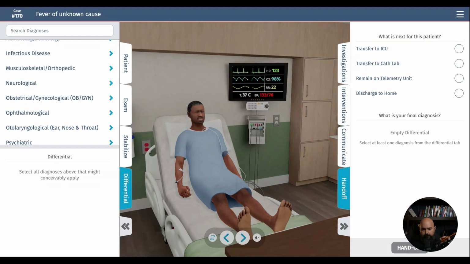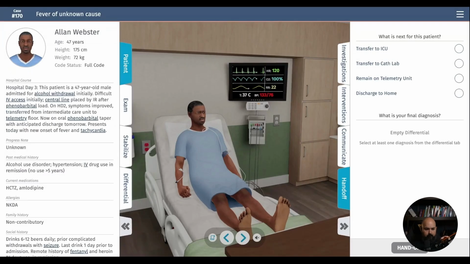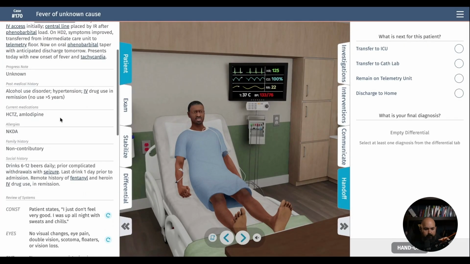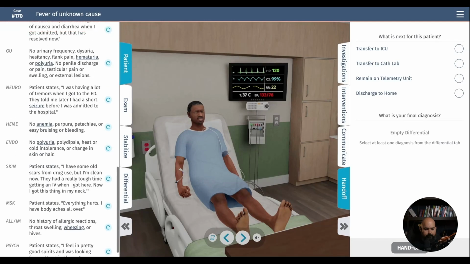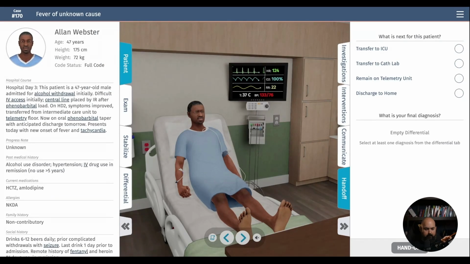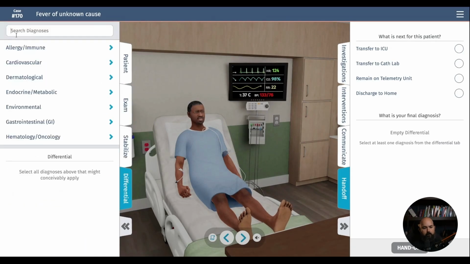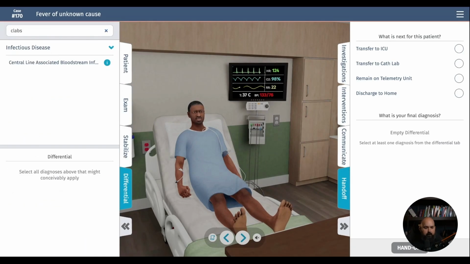Now, I'm trying to remember the exact reason they called the rapid. I mean, was it just tachycardia and fever? I don't know. So let's see. Do they have it as a collapsing option?